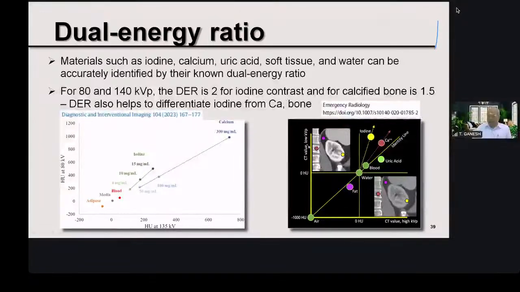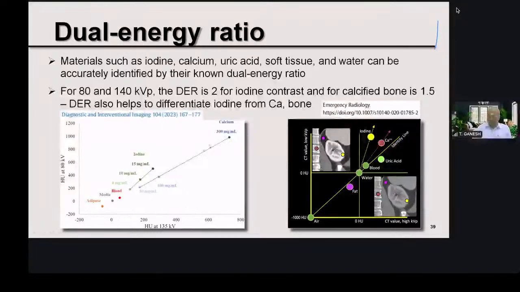So by looking at this DER on this graph, you can see iodine at different concentration levels, 4 milligram, 10 milligram, 15 milligram per ml, and similarly calcium, 50 milligram, 100 milligram, 300 milligram per ml.